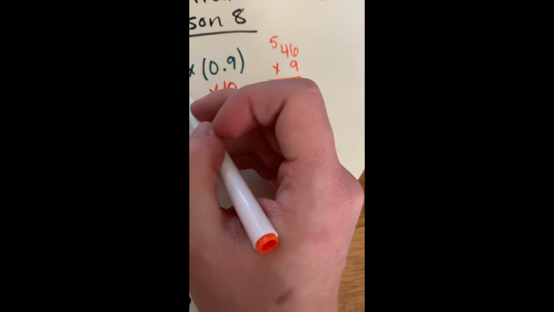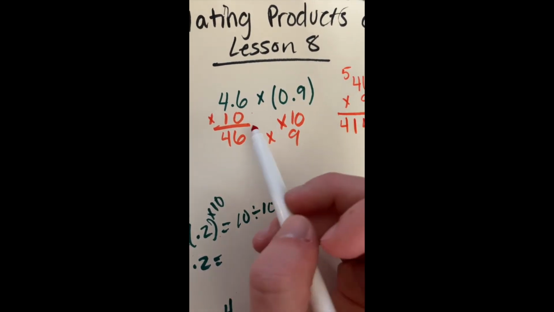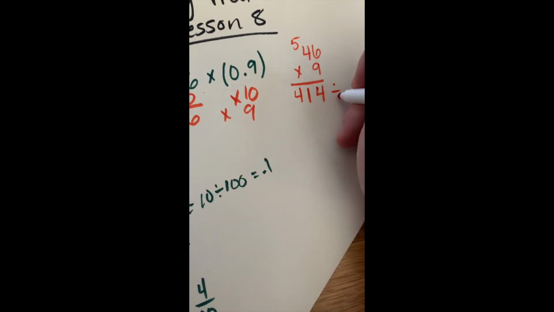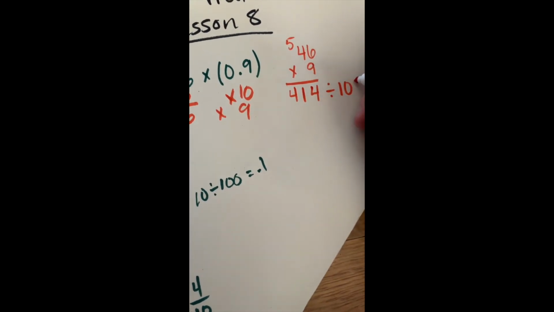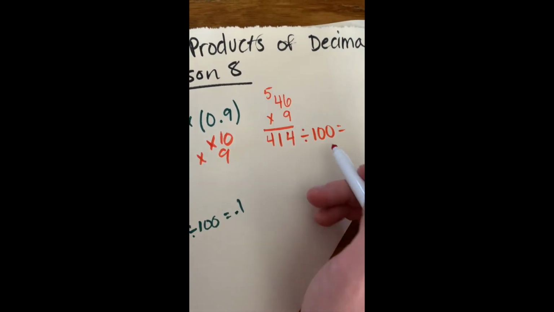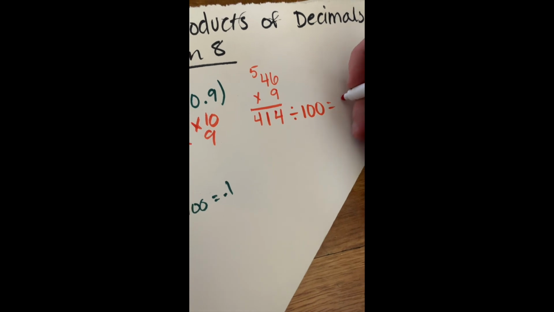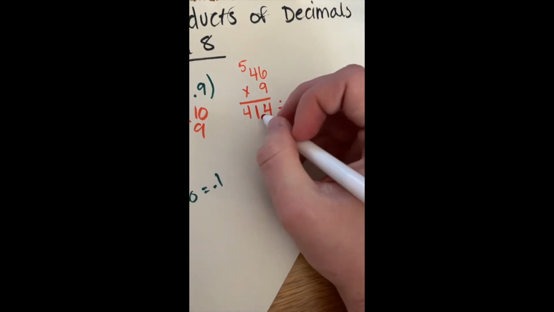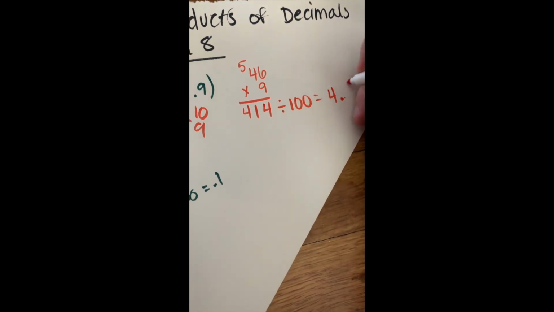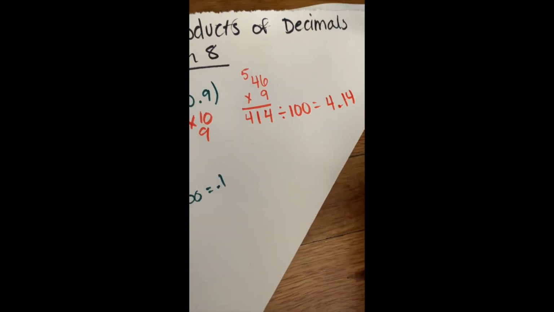And then since I multiplied both these numbers by 10, 10 times 10 is 100. So I'm going to do 414 divided by 100, which, since we're working with decimals, I know that 100 will go into 400 4 times. And then I know for a fact that I can't get into there, so we're just going to go like that.